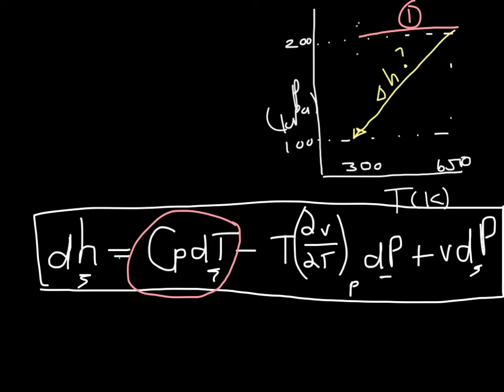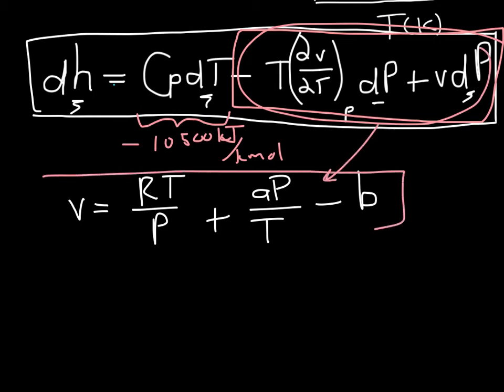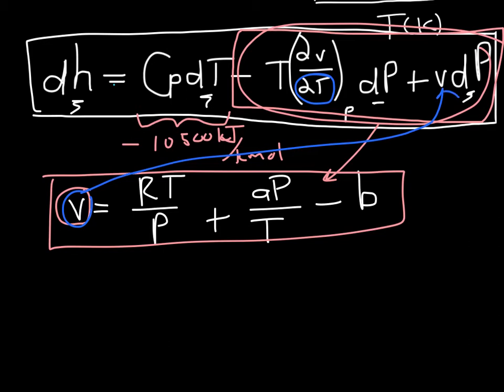And now we know that whenever we have to use a temperature in this part of our evaluation, it needs to be 300 Kelvin. In order to evaluate this part of our equation, we need to write our equation of state such that the volume is the subject of the equation, because we are going to have to differentiate first to temperature and substitute the value for volume into that equation.